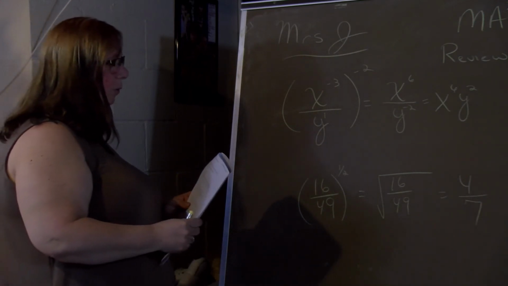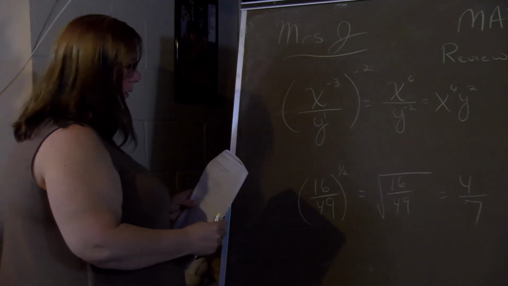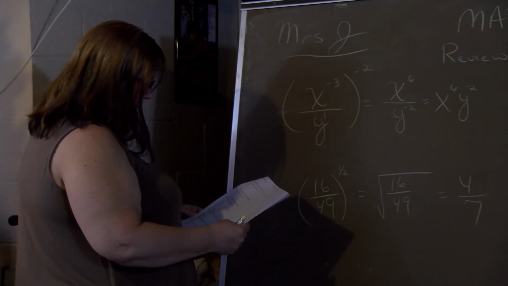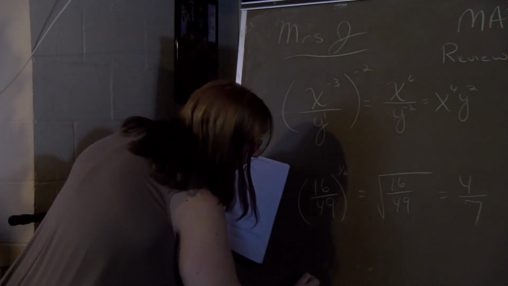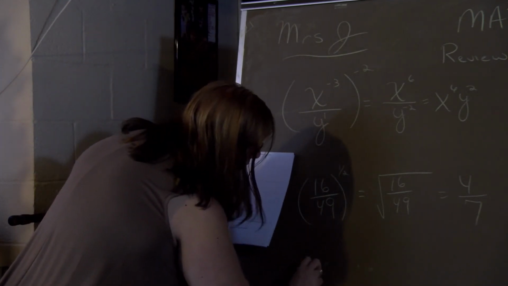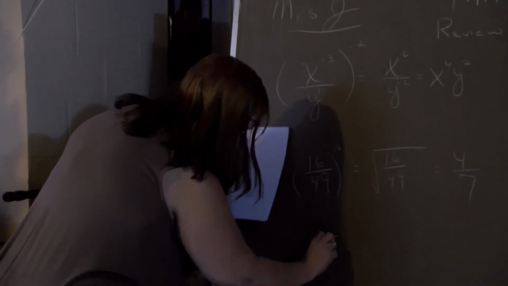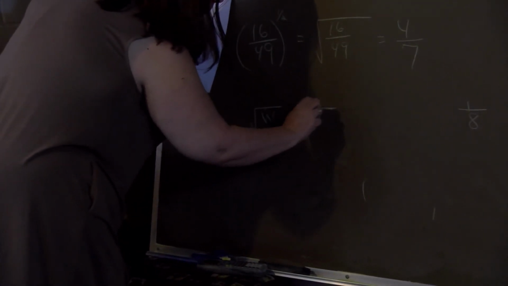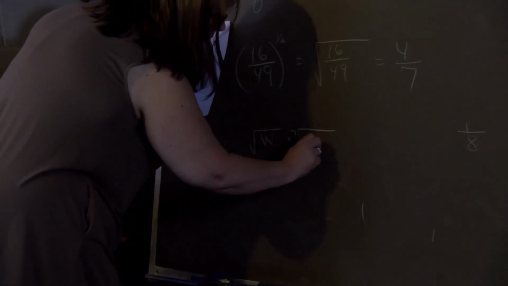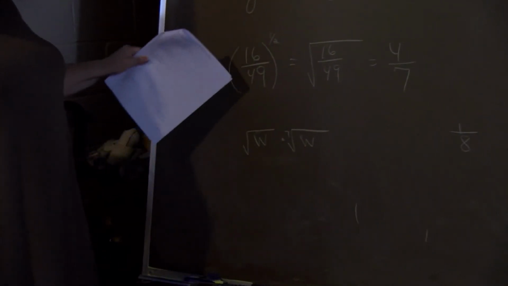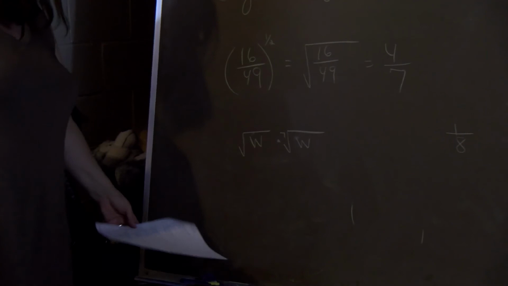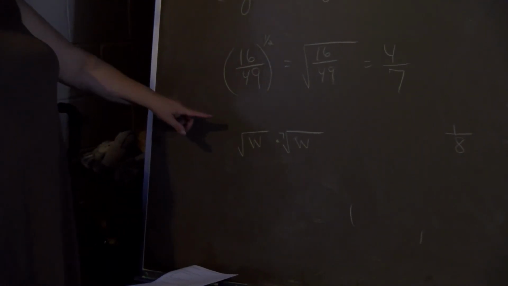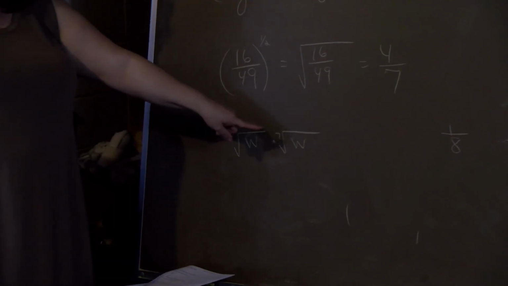Try one more. Now this one is a little trickier because looking at it as radicals, it's a little harder. This is a square root, but that one's a 7th root.